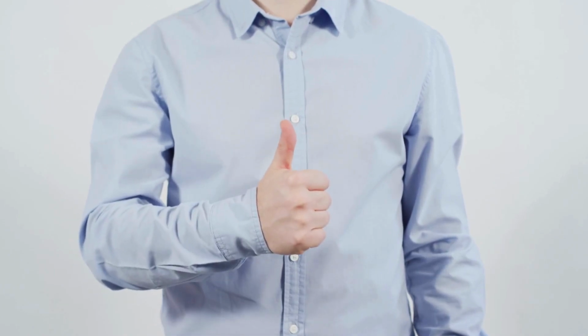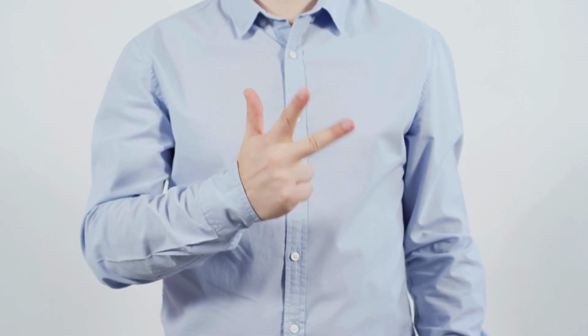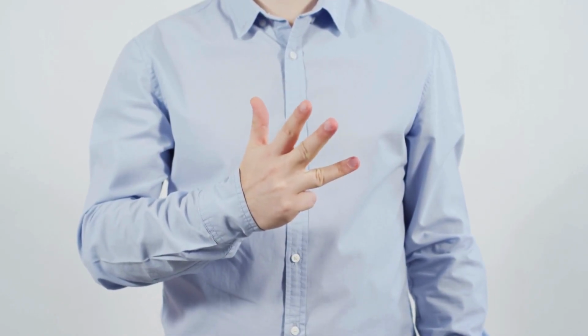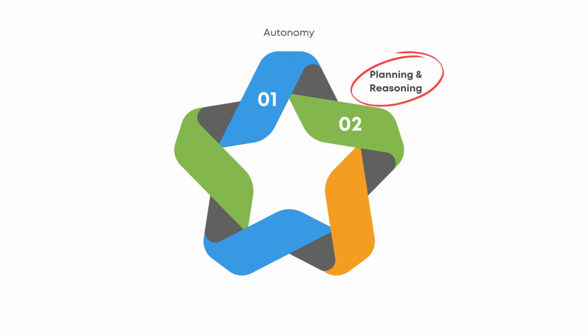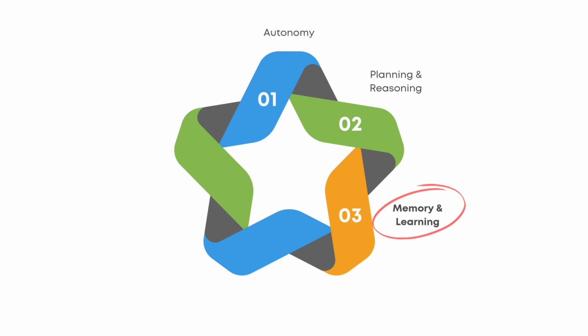There are five core components of agentic AI. One, autonomy: it operates independently without constant user input. Second, planning and reasoning: it breaks down tasks into logical steps and decides the best path forward. Third, memory and learning: it remembers past actions and improves decisions over time.